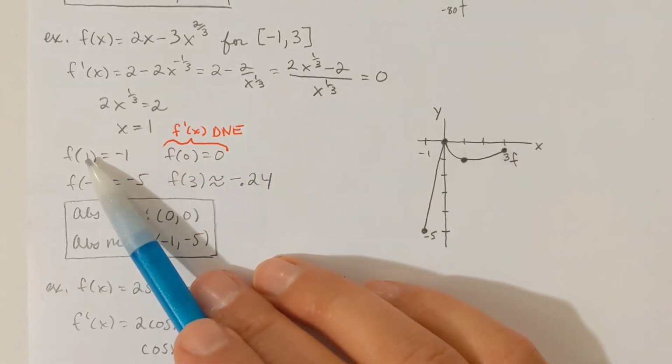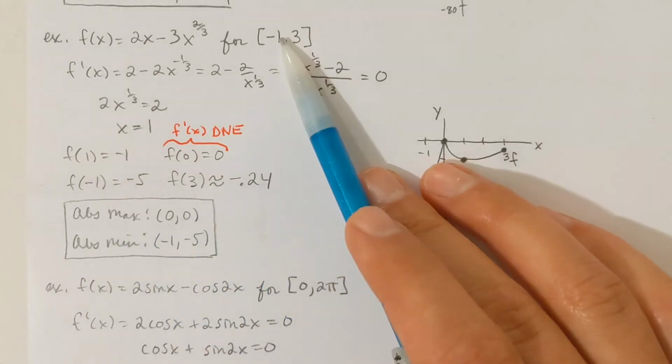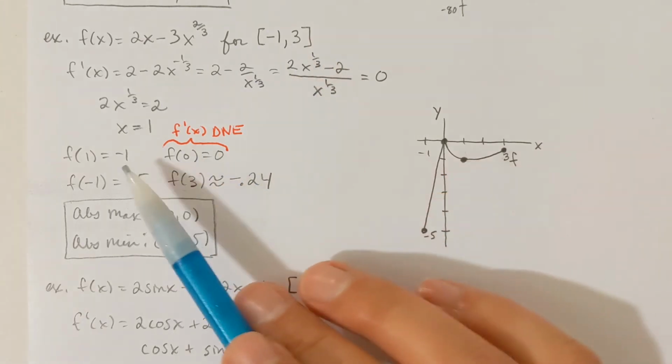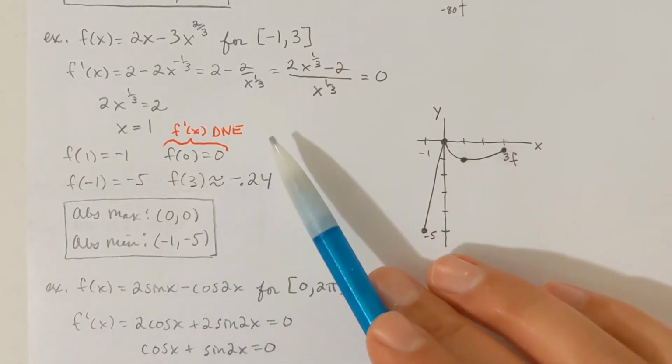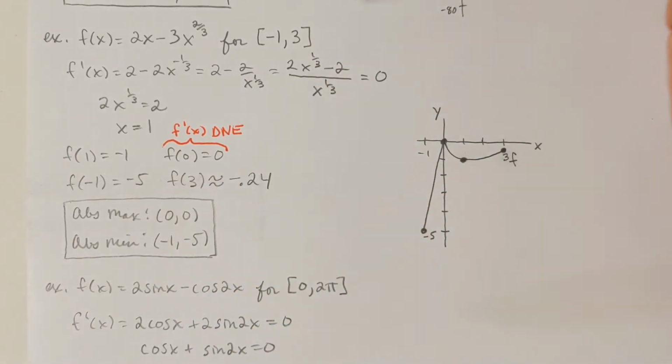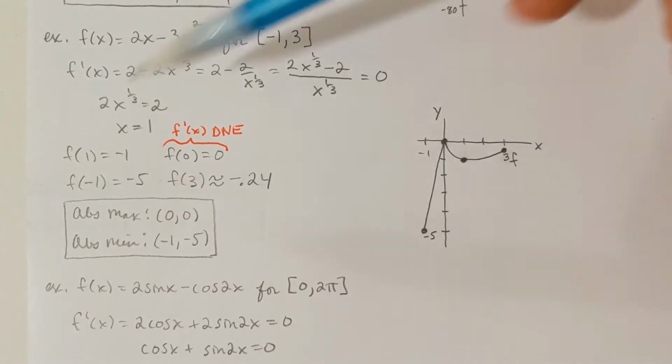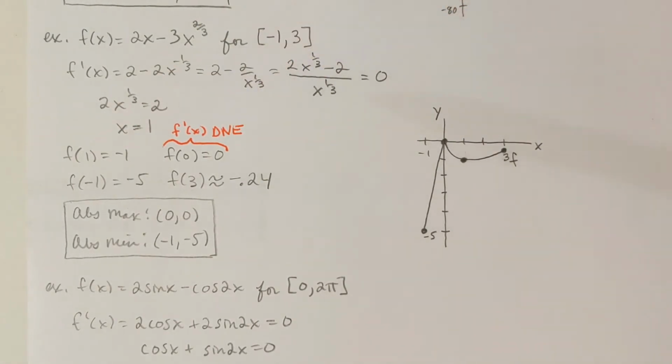So if I were to plug in my critical numbers now along with the two endpoints, I'm going to do that and see what output is the biggest and what output is the smallest. Well, f of 1 is 2 minus 3, which is negative 1. f of 0 is 0.